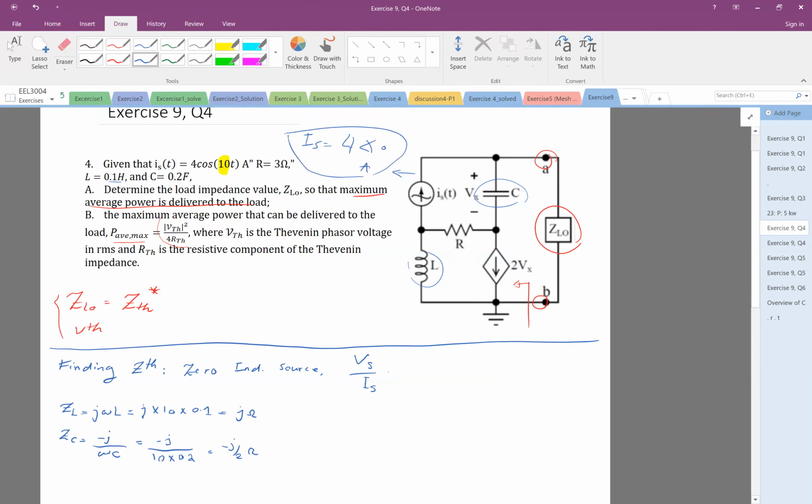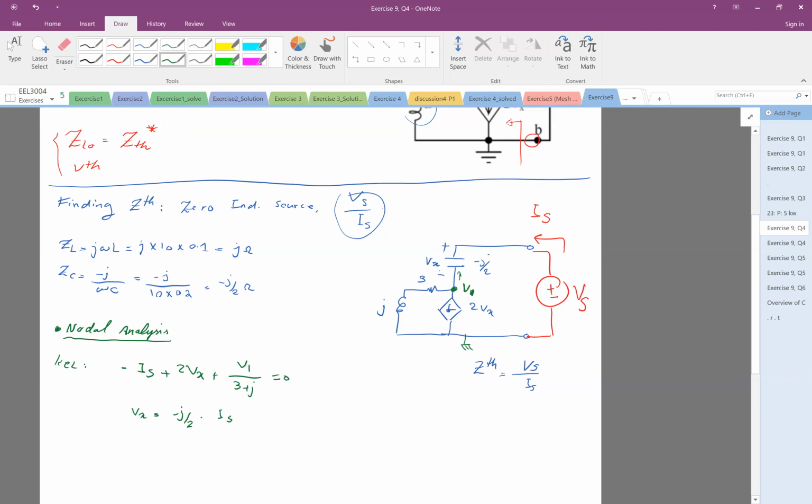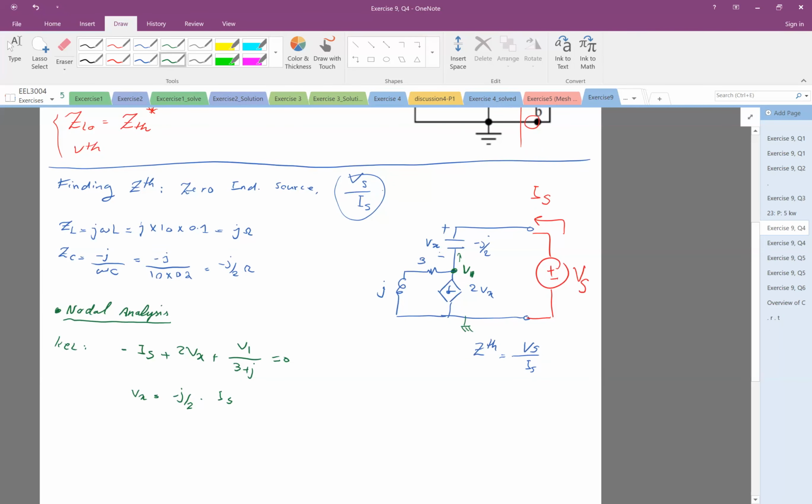Now look at Vx. What is Vx? Vx is the voltage across the capacitor, which is minus j over 2 times the current going through it, which is IS. So I can replace Vx with this. But I also need to write V1 in terms of Vs and Is.